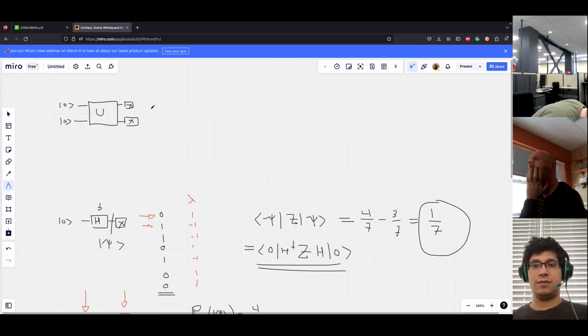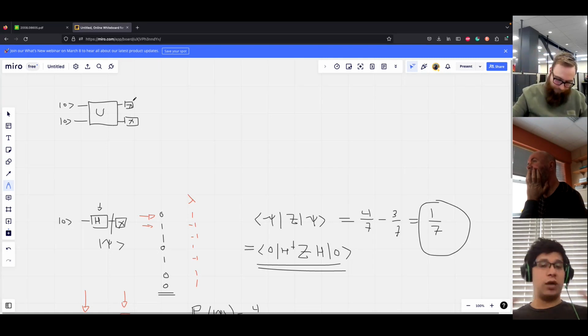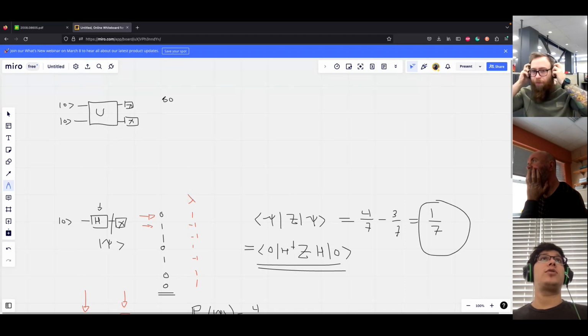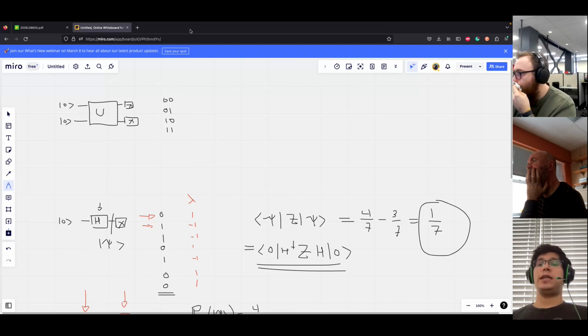What else? So if you have 2 qubits and they're in some quantum state, all the possible outcomes are 0, 0, so both qubits measured in the state 0. You can have one qubit in state 0 and the other in state 1, then the other way around, and then 1, 1. Because after measurement, we can only obtain zeros or ones, and this is for each one of the qubits. So that means this is all the possibilities that we can have after measuring 2 qubits.